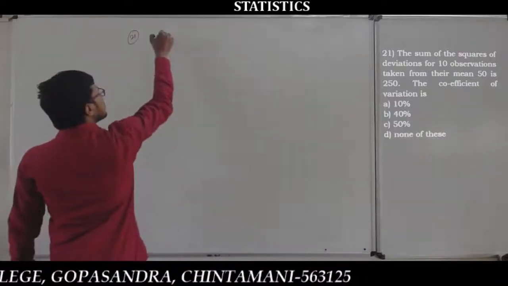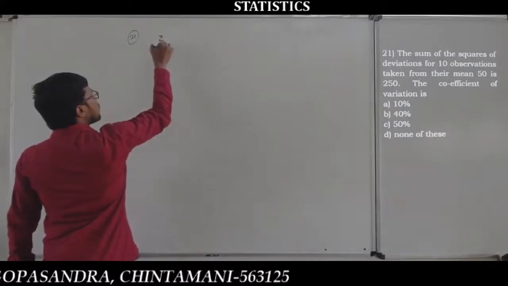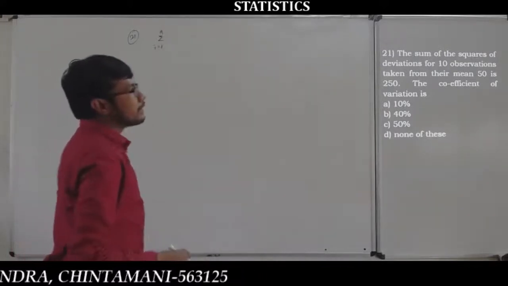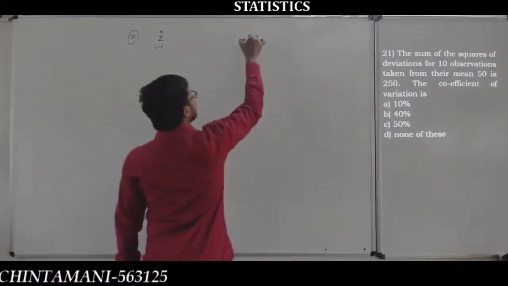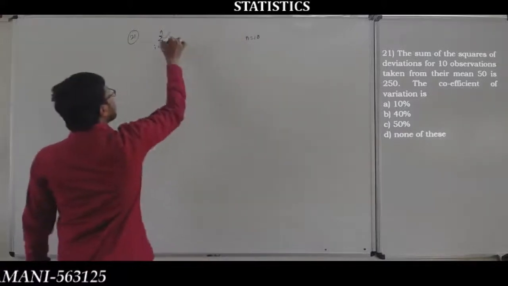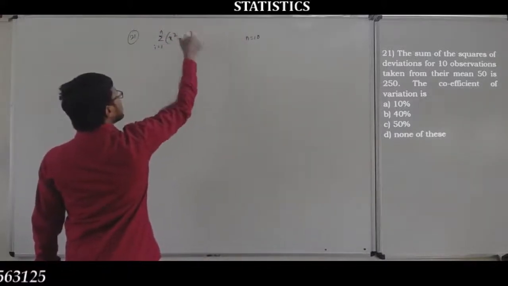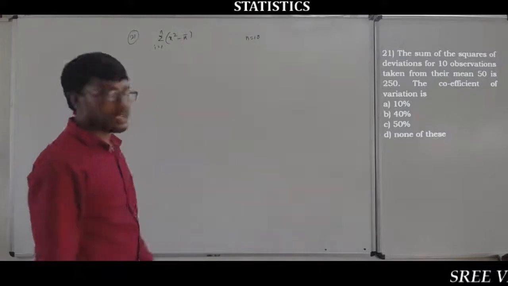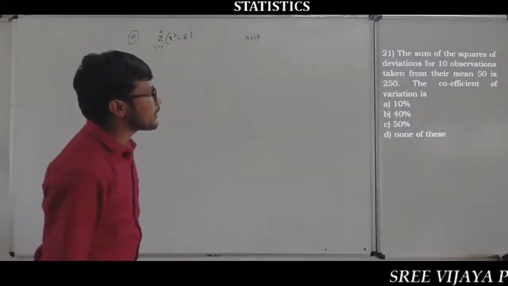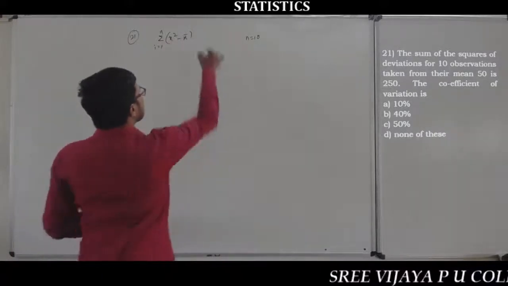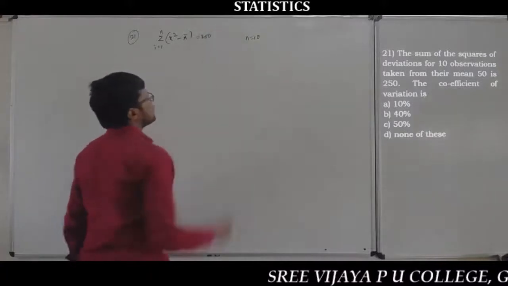That is summation of i equals 1 to n, deviation from 10 observations, that is n is equal to 10, of xi minus x bar whole square. So that value is equal to 250.